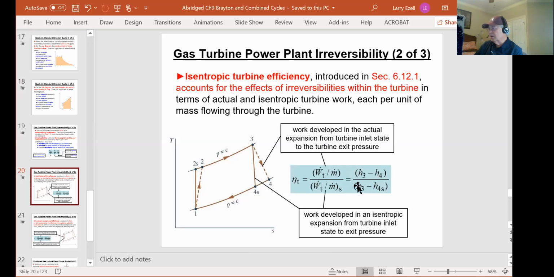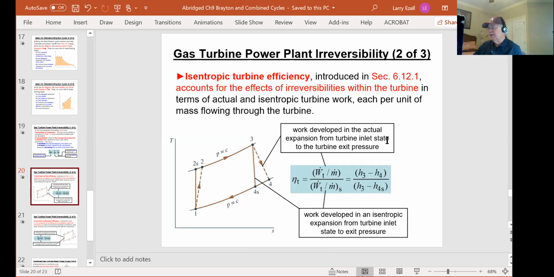The ideal work, reversible adiabatic isentropic work, is H3 minus H4s. And that is the ratio. We normally express it as a percentage, 80%, but in your calculations, you'd use 0.80. Okay. So that is the turbine.